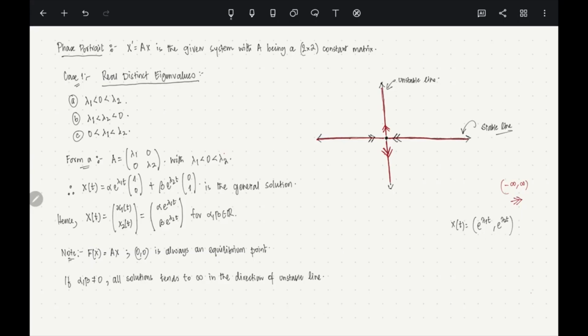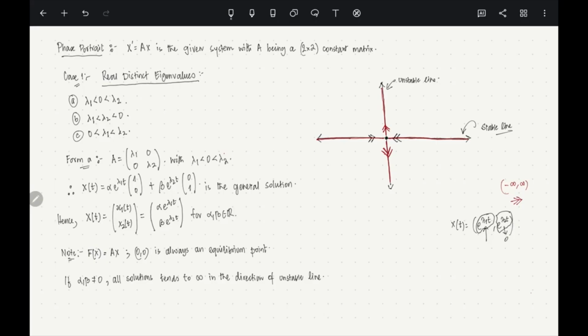Now, when you start at minus infinity, since this particular lambda 1 is negative, at minus infinity this particular coordinate blows up. And what about this coordinate? Very close to minus infinity, that's when you are starting out, this goes to 0.